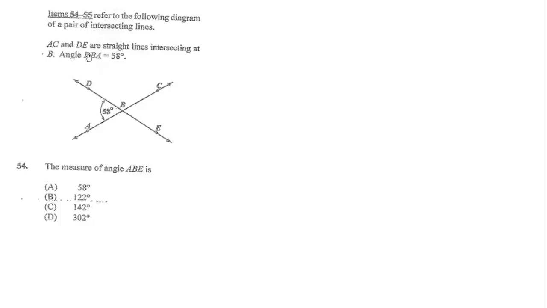A, C, and D, E are straight lines intersecting at B. Angle DBA is equal to 58 degrees. The measure of angle ABE, this angle, we know these are linear pairs, adjacent angles that are linear pairs, and they will add up to 180.